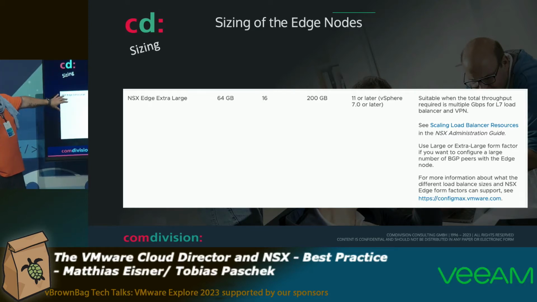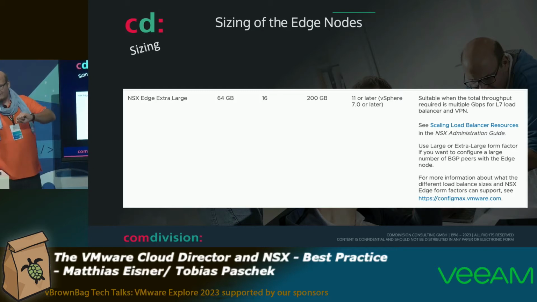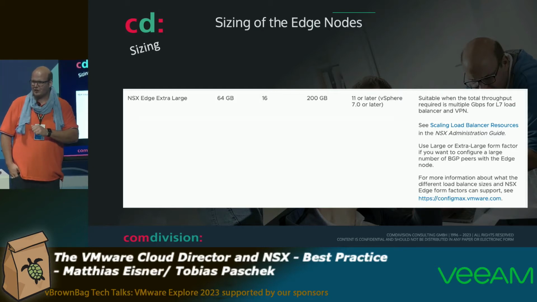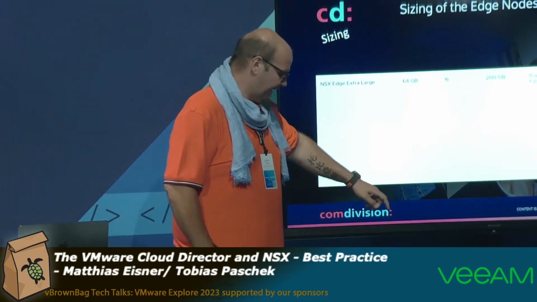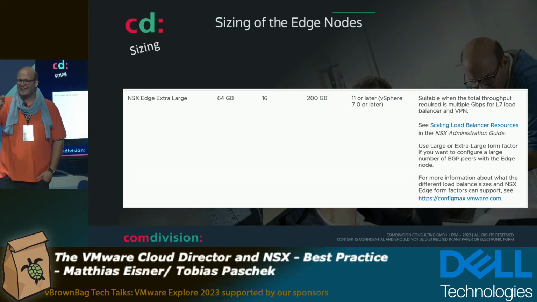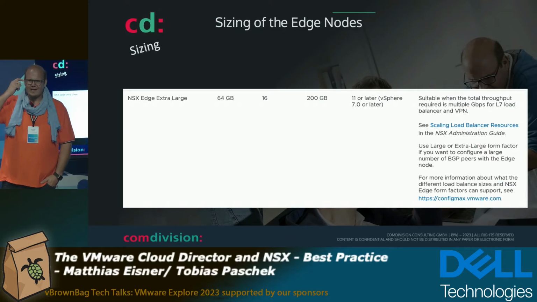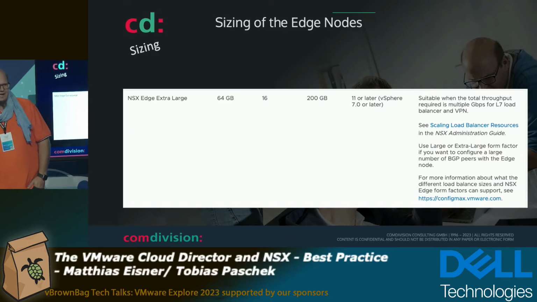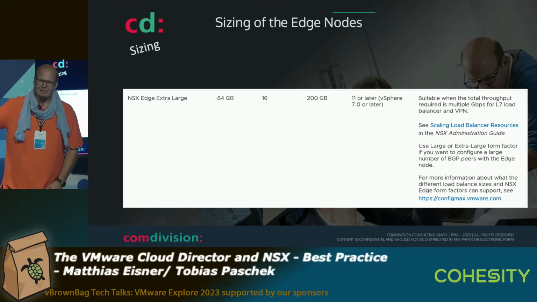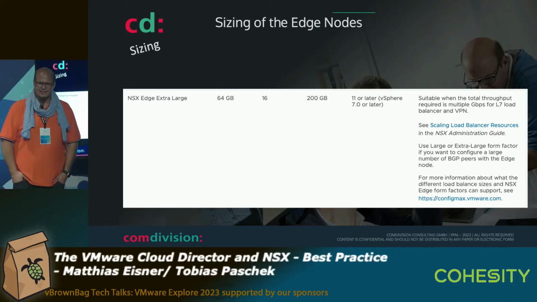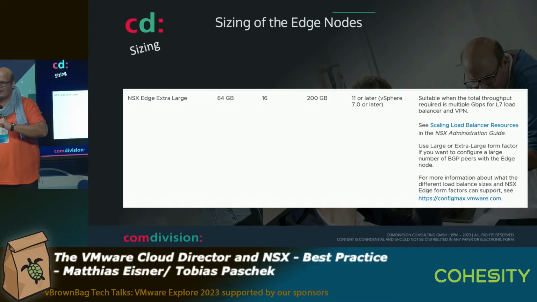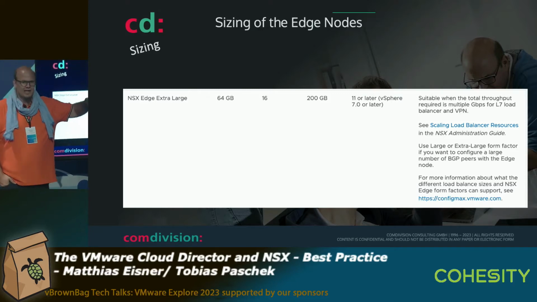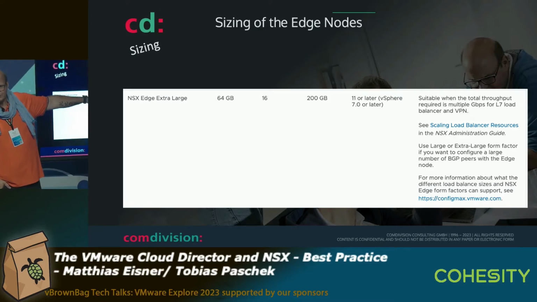If you have a look at the official VMware documentation describing what the extra large edge and also the large edge are capable of, you will clearly find the wording suitable for total throughput required for layer 7 load balancing. Hey guys, layer 7 load balancing on NSX is dead. Layer 7 load balancing will be replaced with NSX ALB, and NSX ALB comes with its dedicated service engine, not running directly on the edge node.